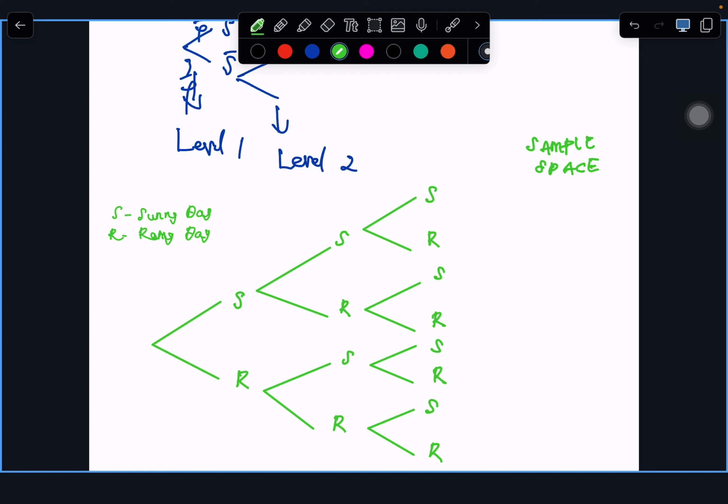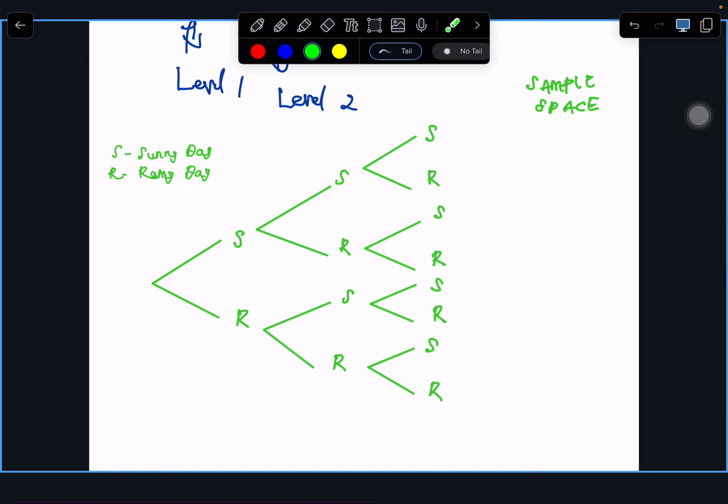If you notice, where do we begin drawing our tree diagram? We begin from here, correct? That is our initial point, our beginning state. So to get a sample space, we should start from the beginning, and this is the end.